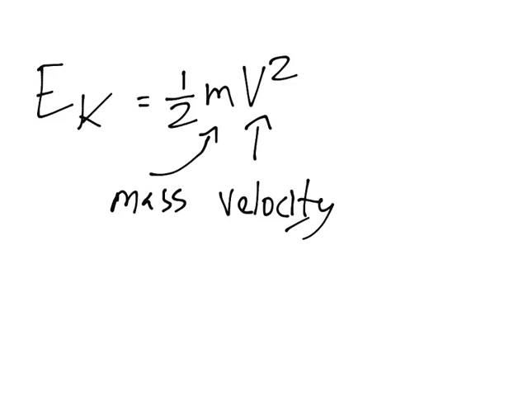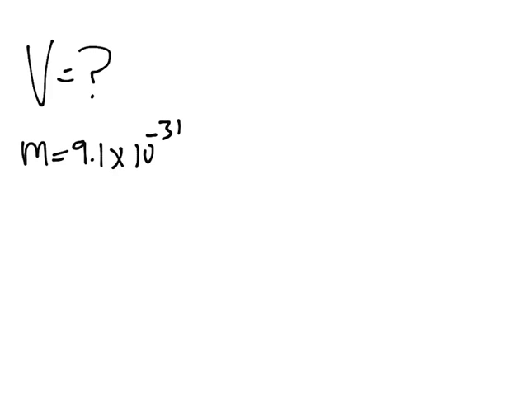So now let's actually solve a problem. So what is the velocity? So our initial question is velocity. I'm going to write it as a big V of an electron, and they tell us that the mass of the electron is 9.1 times 10 to the negative 31 kilograms, emitted by, let's say, lithium.